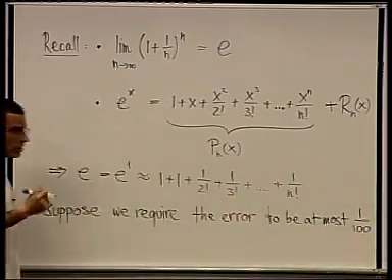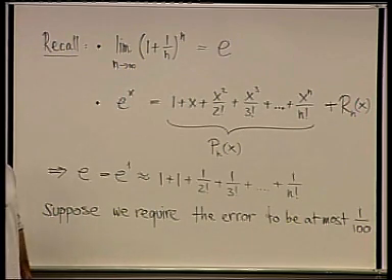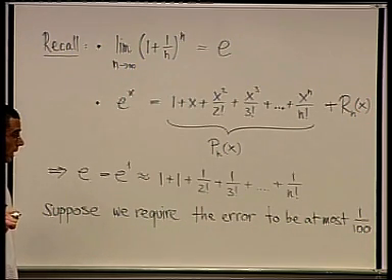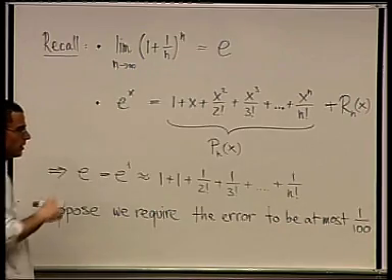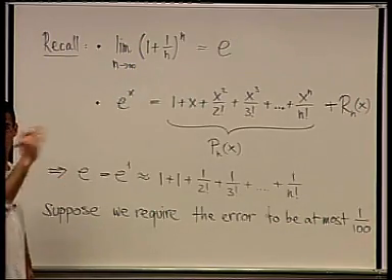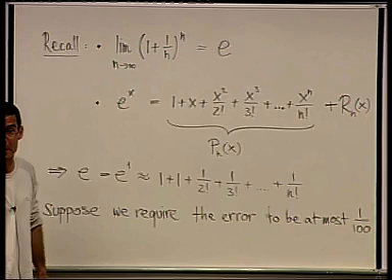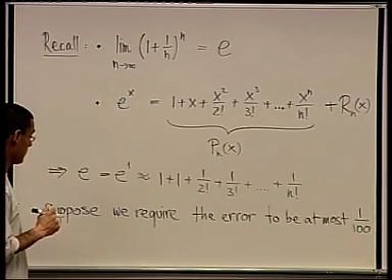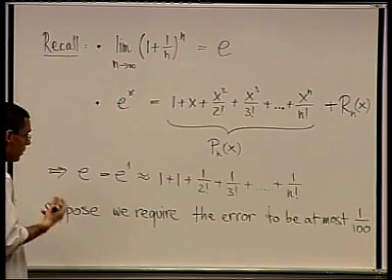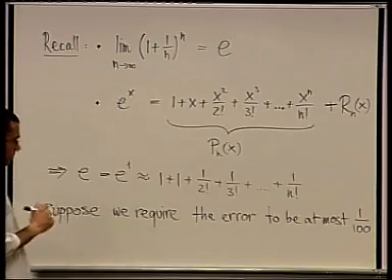So we're willing to have an error of at most 1 over 100. Okay? And you can similarly run the entire thing with 1 over 1,000 or 1 over 10,000 or 1 over 1,000,000. Okay? It's the same idea. So suppose this is what we want.